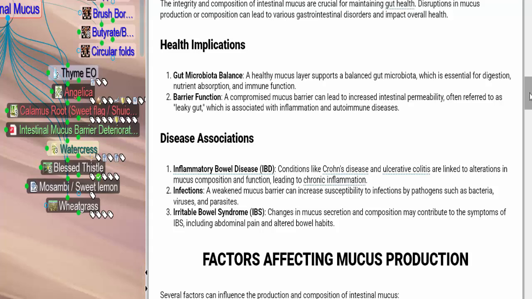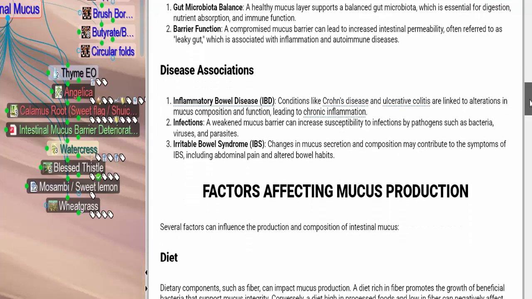And that is essential for digestion, nutrient absorption, and immune function. And of course, the barrier function. A compromised mucus barrier can lead to increased intestinal permeability, leaky gut, and that's associated with inflammation and autoimmune diseases.